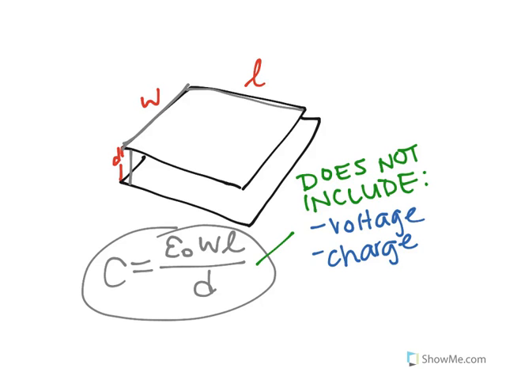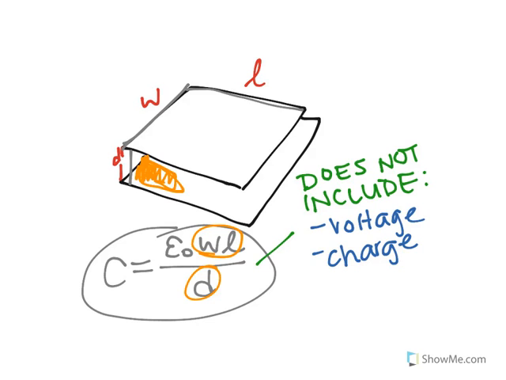The only things here that can change are the area of the plates and the distance between them. Epsilon naught is never going to have a different value. In fact, the only case where we need to worry about there being anything other than epsilon naught is if we have a dielectric or a non-conductor inserted into the surface here. But that's something for another lecture.